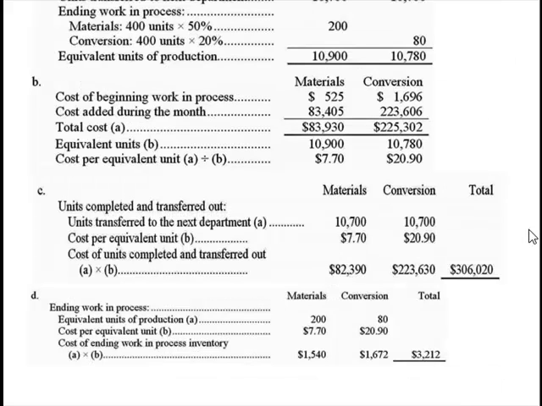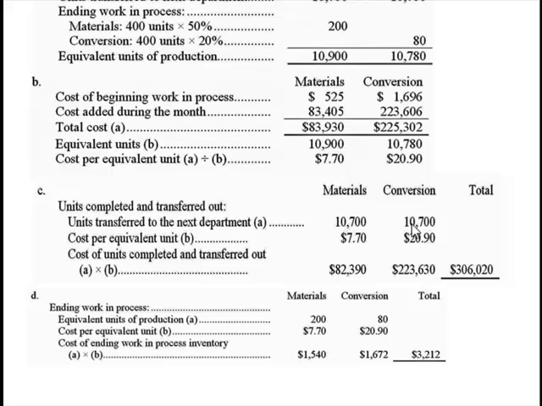So our next step is to figure out what is the cost of the units that we completed and transferred out to the next department. We need to figure that out for our journal entry, transferring the costs out of work in process into the next department. And remember, we already found out previously that 10,700 units were transferred out to the next department. And again, these are the ones that we fully completed. So we're going to multiply these units by the cost per equivalent unit.